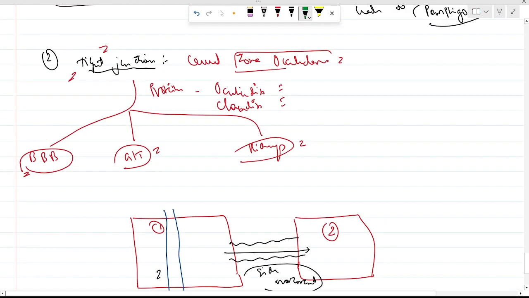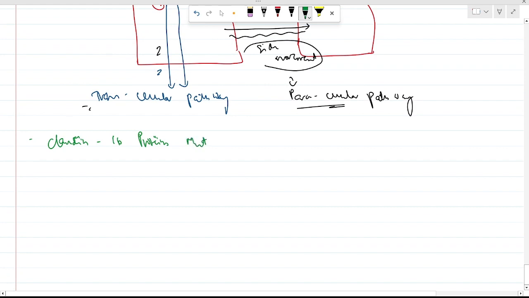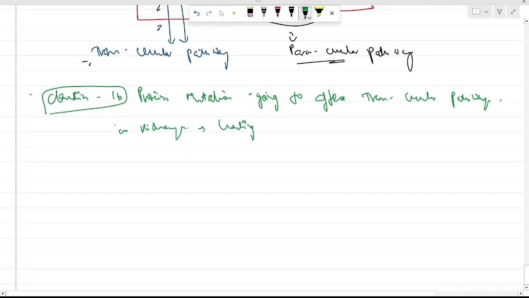Claudin protein is involved in the tight junction formation of zona occludens. A claudin 16 protein mutation is going to affect the paracellular pathways in the kidneys, leading to this very important condition called familial hypomagnesemia, hypercalciuria.